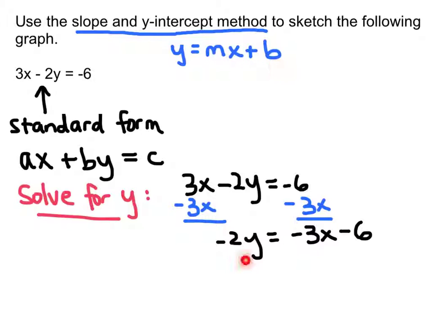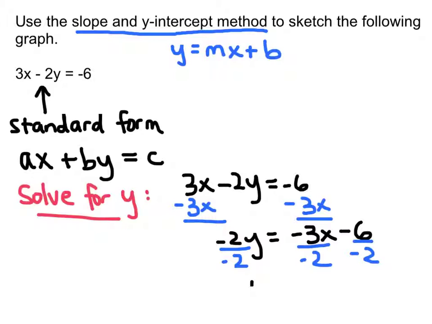So we're almost done solving for y. We will just have to divide both sides by negative 2. And another trick is that if we divide all of the terms by negative 2, we'll get our slope-intercept form a little bit faster.